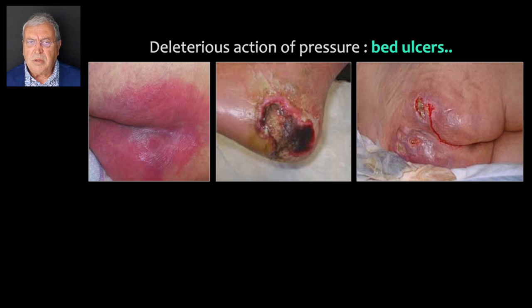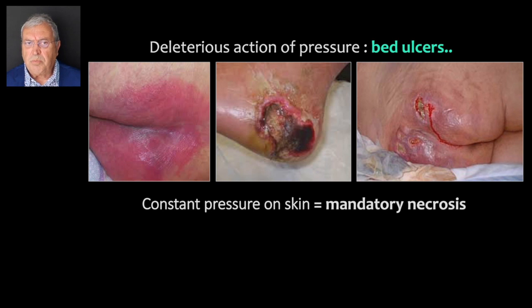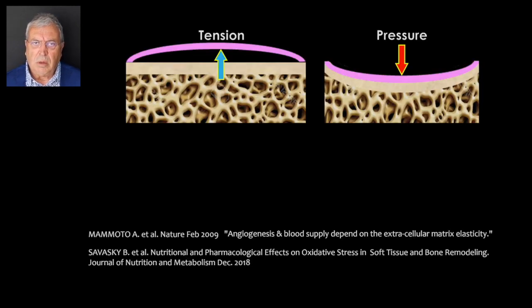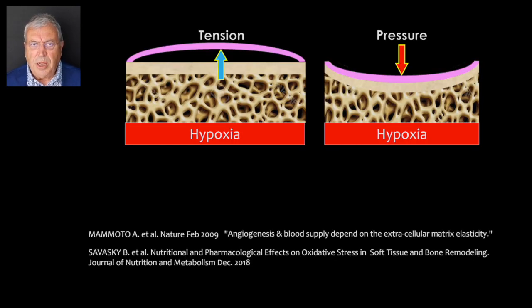We have the example of bed ulcers. When we apply a constant pressure on skin, the necrosis is mandatory. Tension or pressure leads to ischemia and hypoxia.